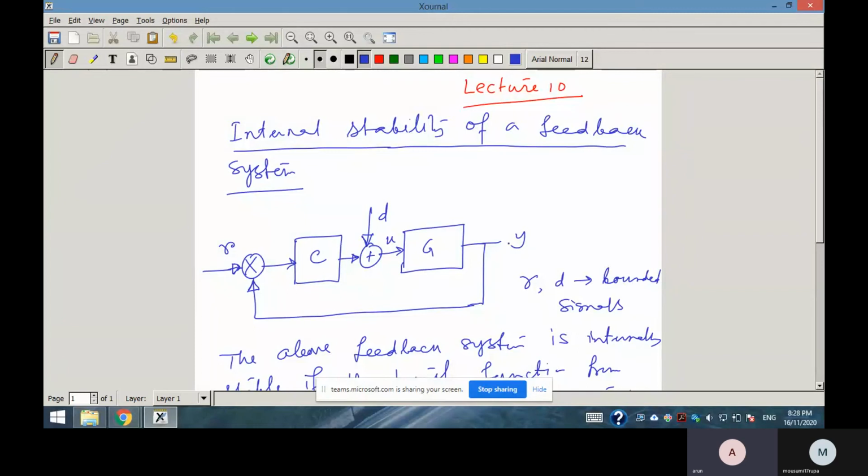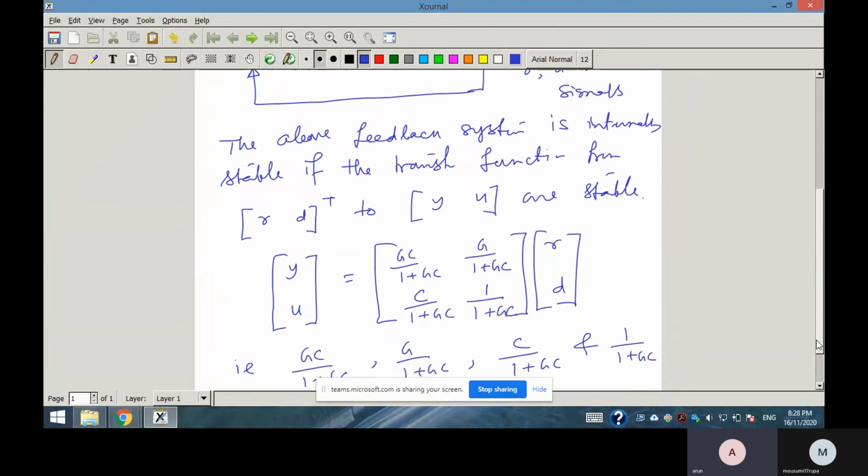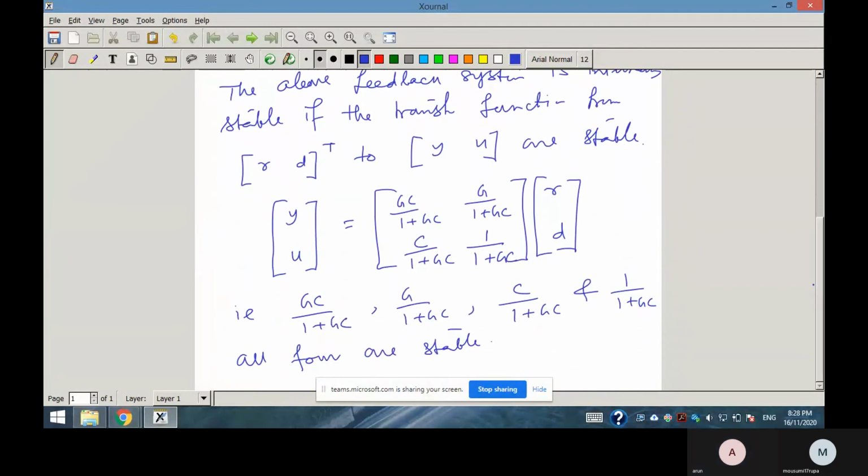Or if you are thinking that D to Y is stable, then my feedback system will be well behaved. It is not like that. Your feedback system may become internally unstable if any of these four transfer functions is unstable.